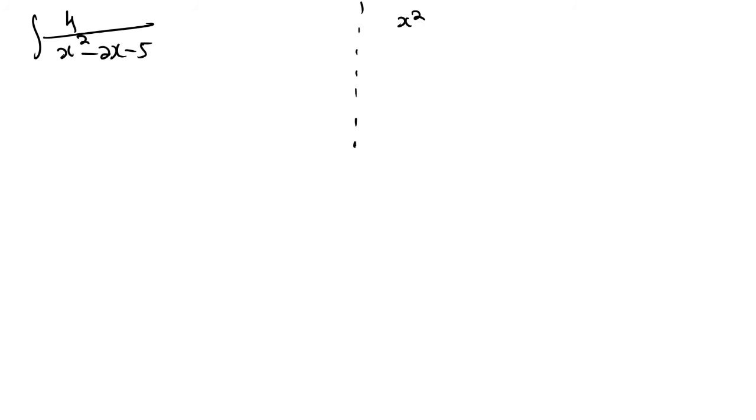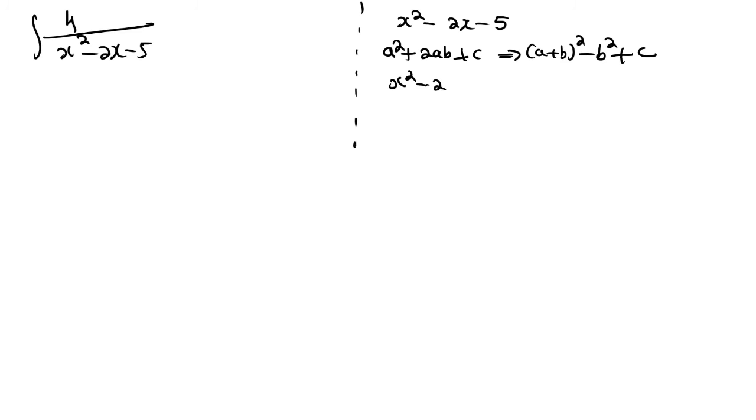Consider the equation x square minus 2x minus 5. If your equation is in the form a square plus 2ab plus b square plus c, then you need to rewrite it as a plus b whole square minus b square plus c. So for x square minus 2x minus 5, here a is x, x square plus 2 into a into b.